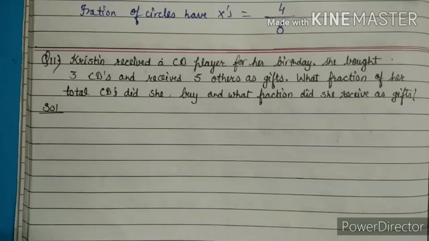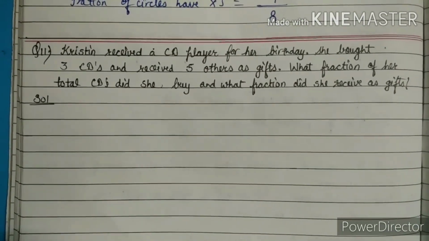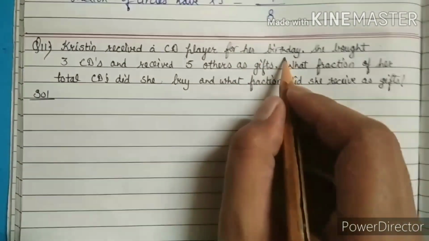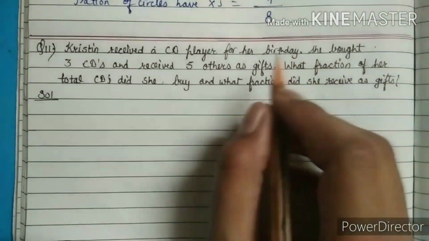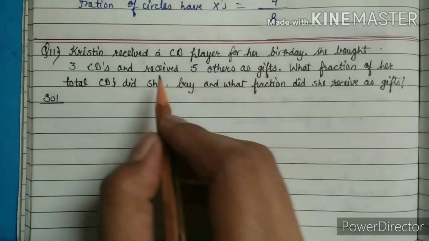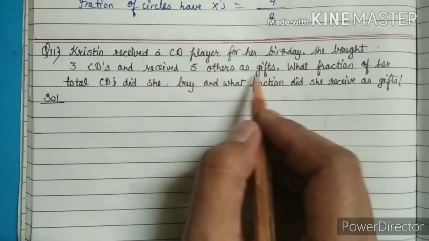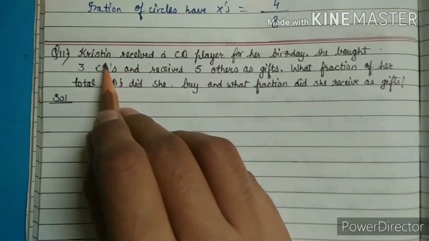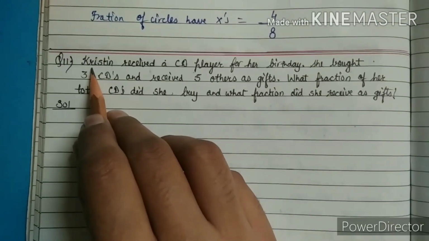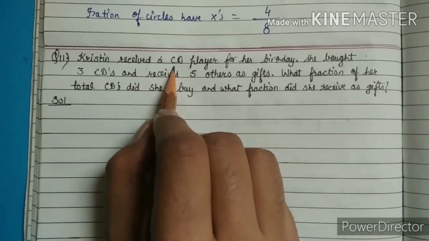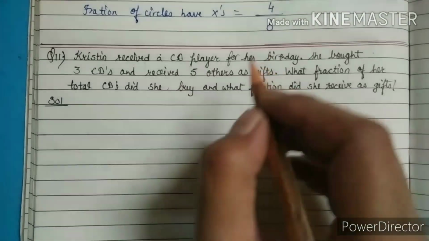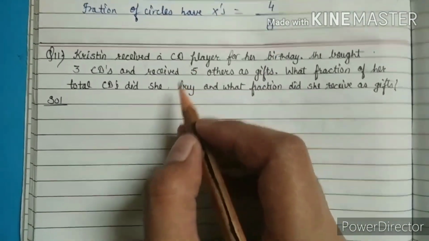Now question number 11 is Christine. Christine received a CD player for her birthday. She bought 3 CDs and received 5 others as a gift. So on her birthday, Christine received a CD player. So in the CD player we have to put a CD for watching the videos.